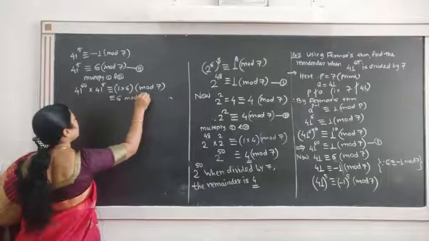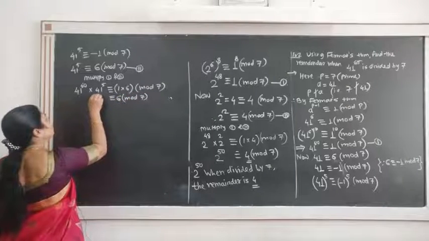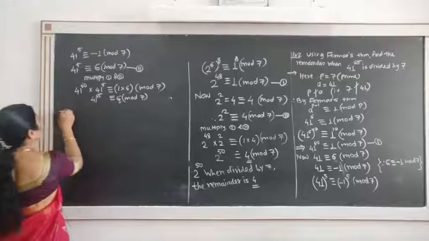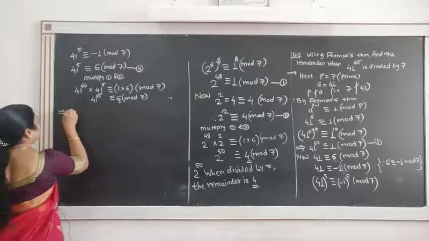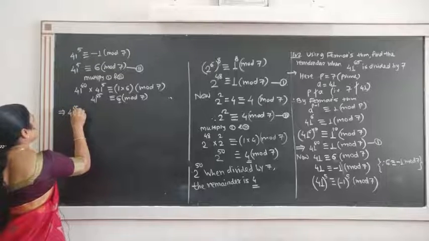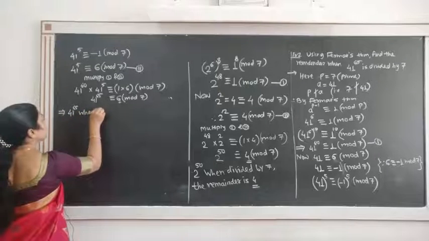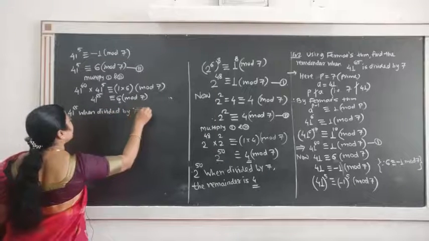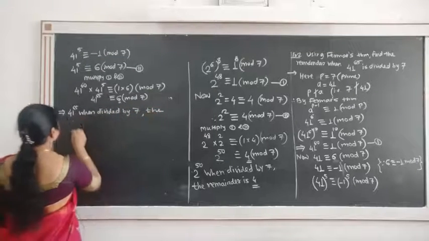So 41 raised to 65 is congruent to 6 modulo 7. This implies that when 41 raised to 65 is divided by 7, the remainder is 6.